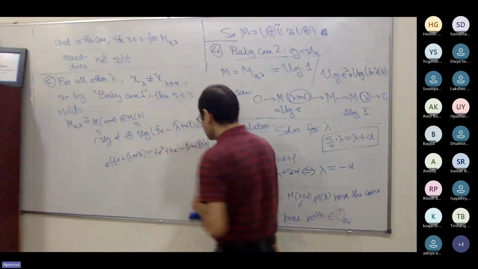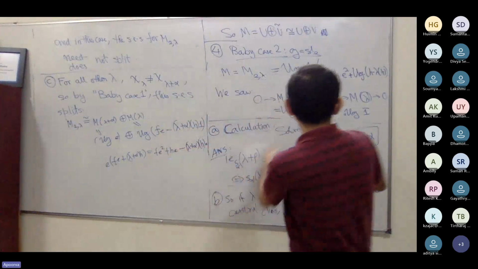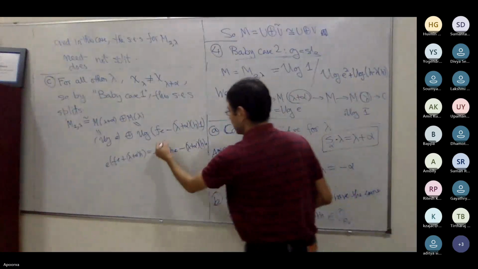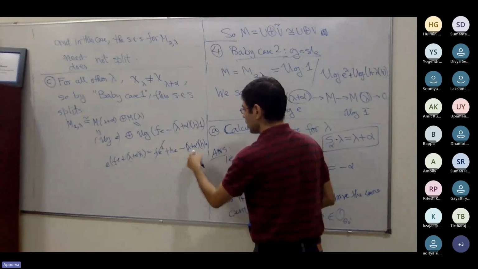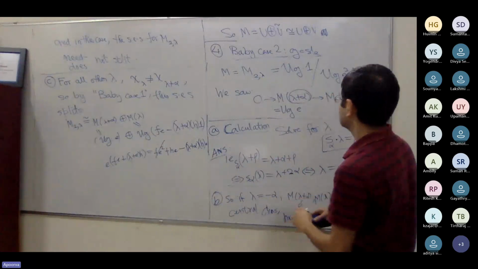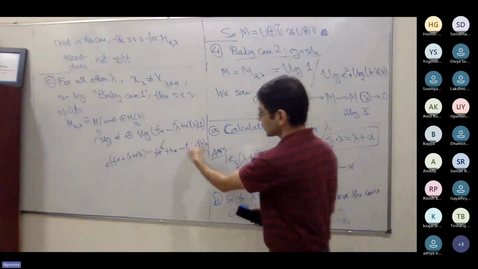Here we have forgotten this. The FE square is 0 because we are quotienting by 0. And H acts on E.